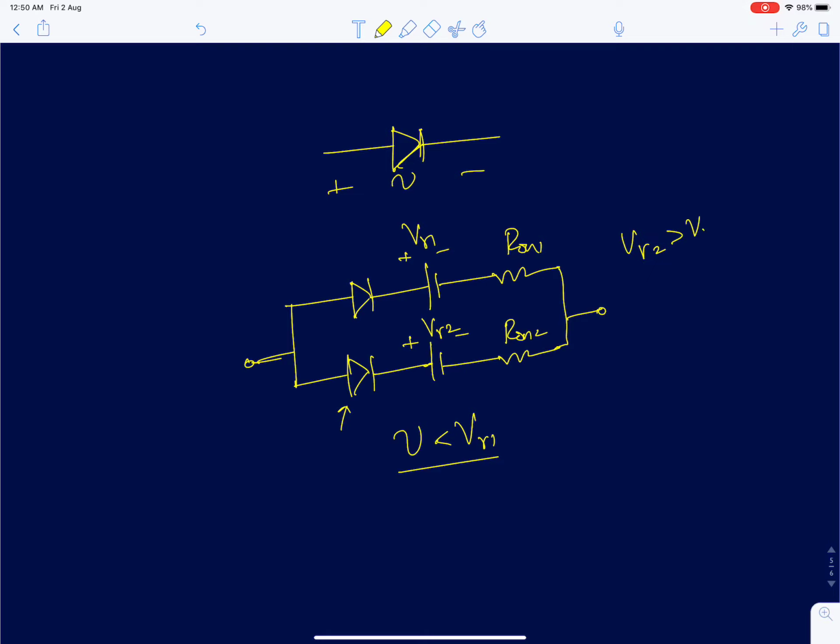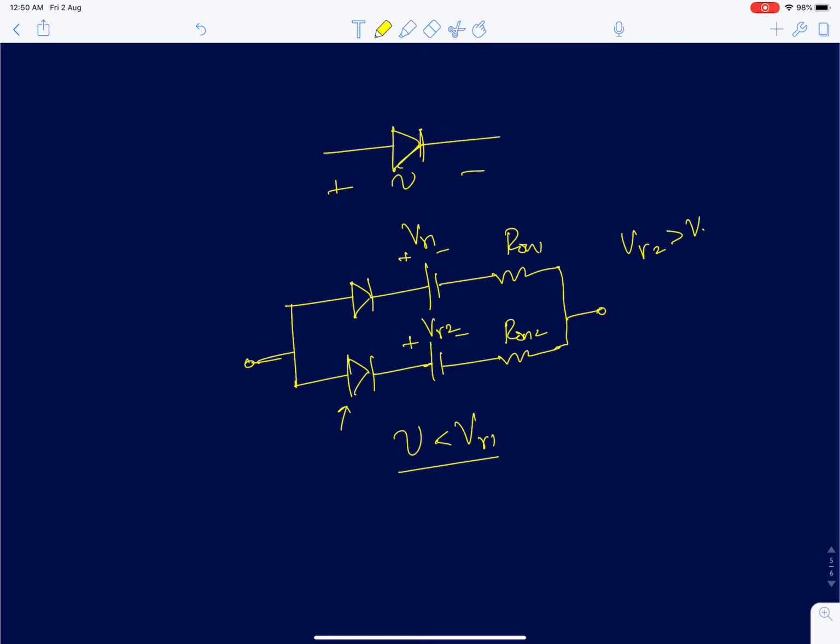The current will flow in only one path, and at that point the on-state resistance is simply R on 1. Now when your input voltage is greater than V gamma 2, both paths will be on. In that case, the on resistance is going to be R on 1 parallel R on 2. So your resistance actually reduces.